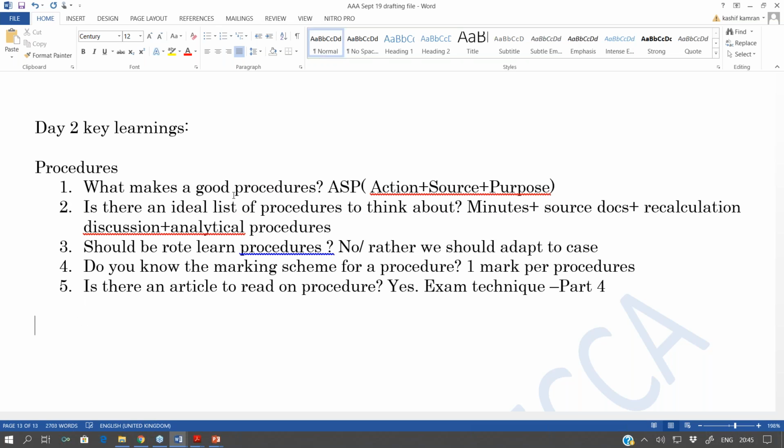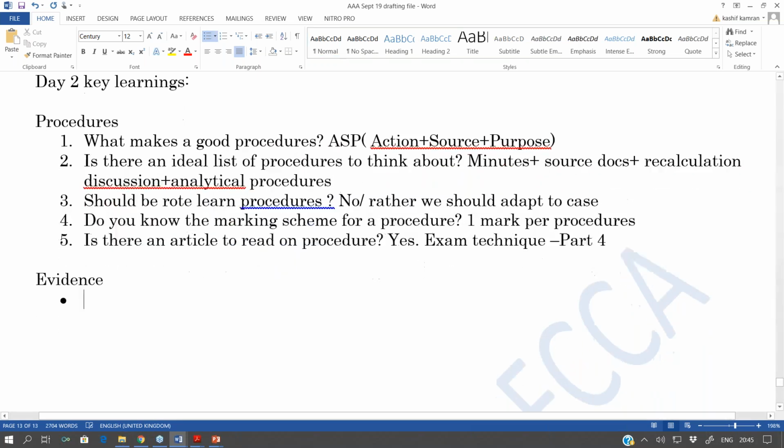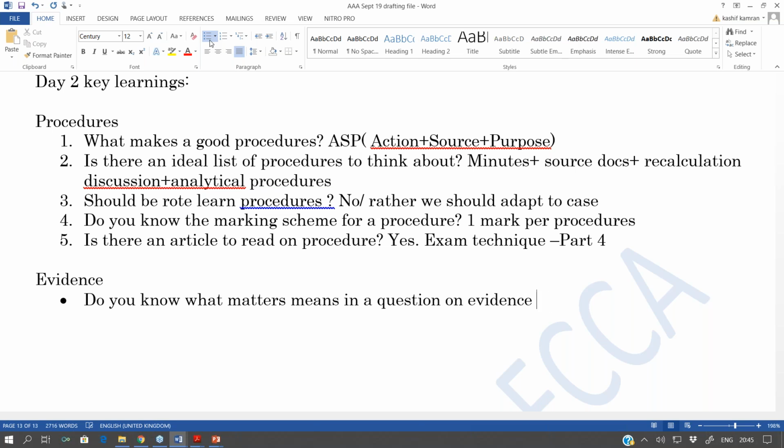Okay, now let's do it on evidence. Okay, now keep your focus strong here, right? I'm asking you questions. Do respond to me as quickly as possible. The first one, do you know what "comment on the matters" means in a question on evidence?